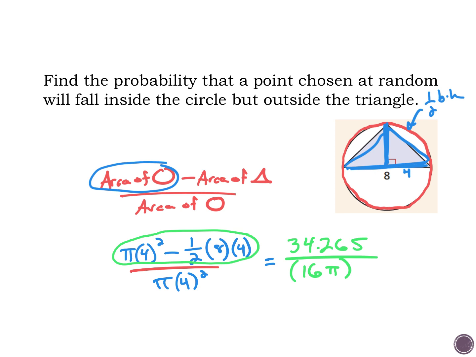So we want to group that. Our final answer would be 34.265 divided by, in parentheses, 16 pi. So we get an answer of 0.682, and so it would be a 68.2% chance of that happening.